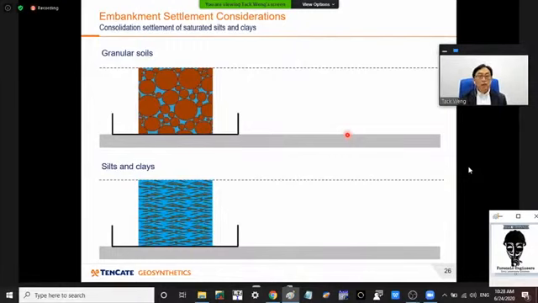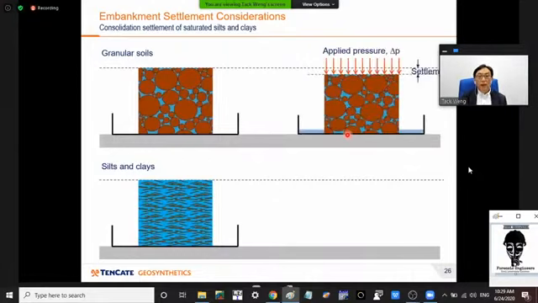I will talk a little bit about what happens when load is applied to soil. Generally there's a difference when you load granular soils, saturated, and fine-grained soils like silts and clays. When you apply a pressure, the soil will settle.